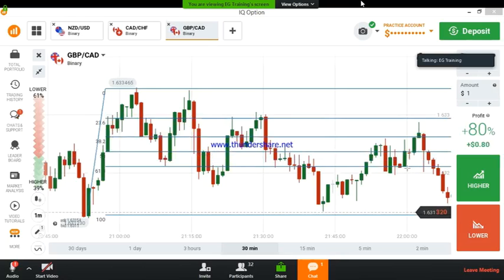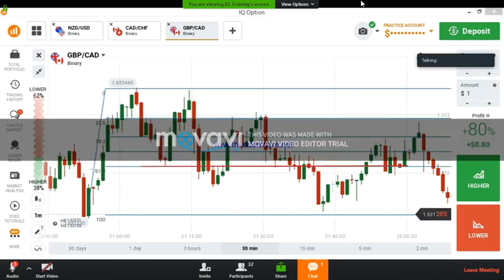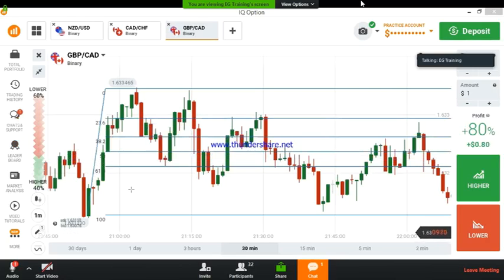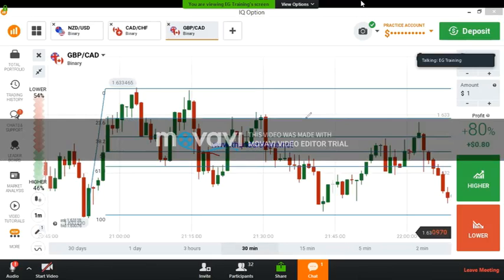Here there is a level, it reversed. Here also it reversed. Here also there is a reversal. There are some reversal points at the 61.8 level, and at the 50th level I think we have only two or three reversal points.